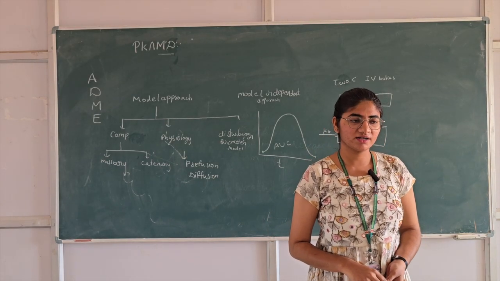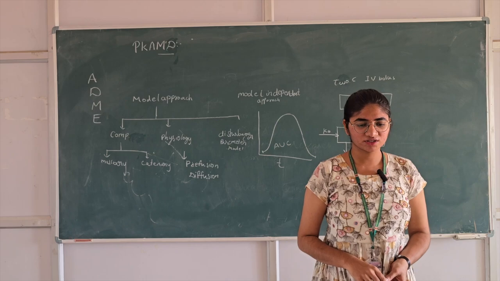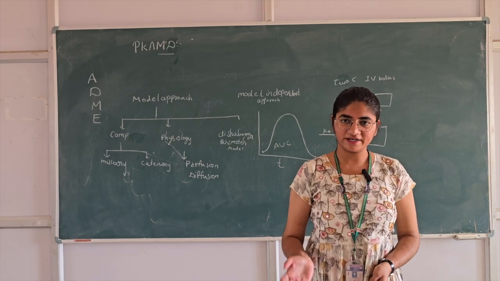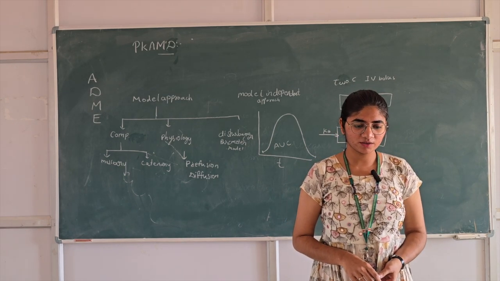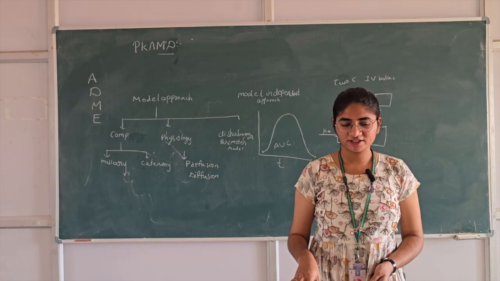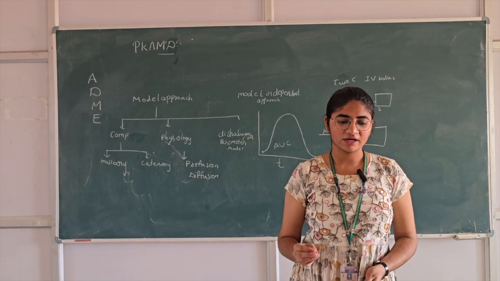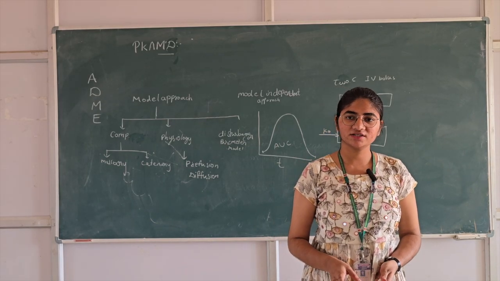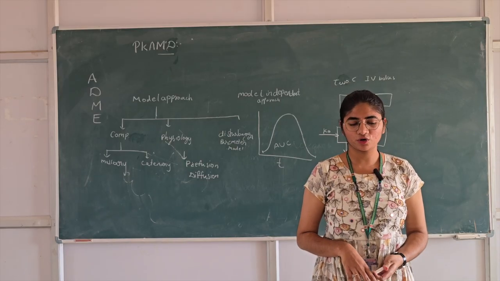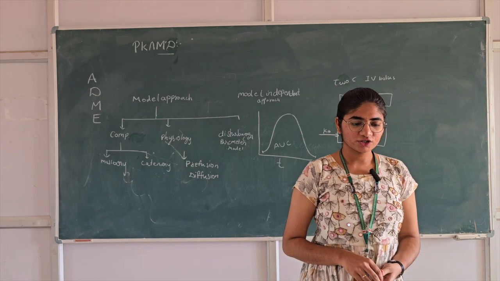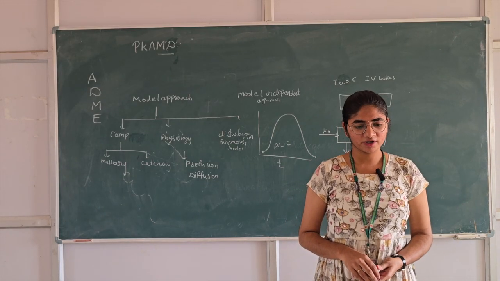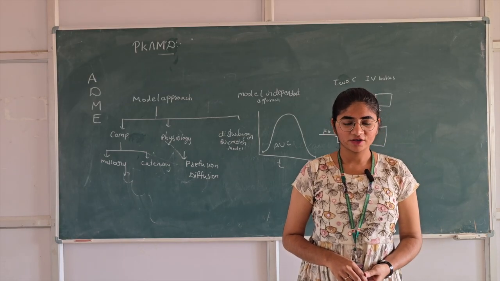The mechanisms of drug absorption, metabolism, distribution, and elimination cannot be explained by using compartmental models. It is easy to explain drug absorption, metabolism, distribution, and elimination mechanisms by using physiological models. The effect of pathological conditions on pharmacokinetic parameters cannot be determined in compartmental models.